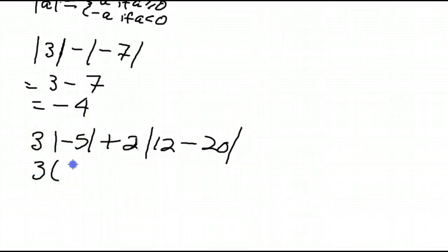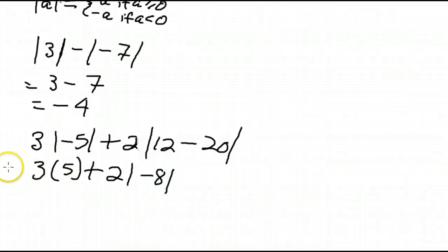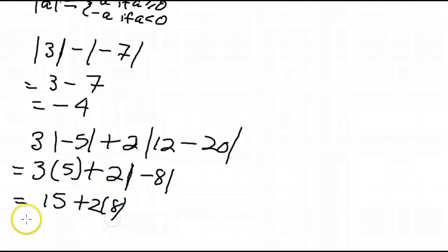Okay, this will become 3 times 5, the absolute value of -5 is 5, plus 2 times the absolute value, 12 minus 20 is -8. So this is equal to 15 plus 2. You know, you got to make these look like absolute value bars, not like ones or something. So 2 times 8, which gives us 15 plus 16, or 31.